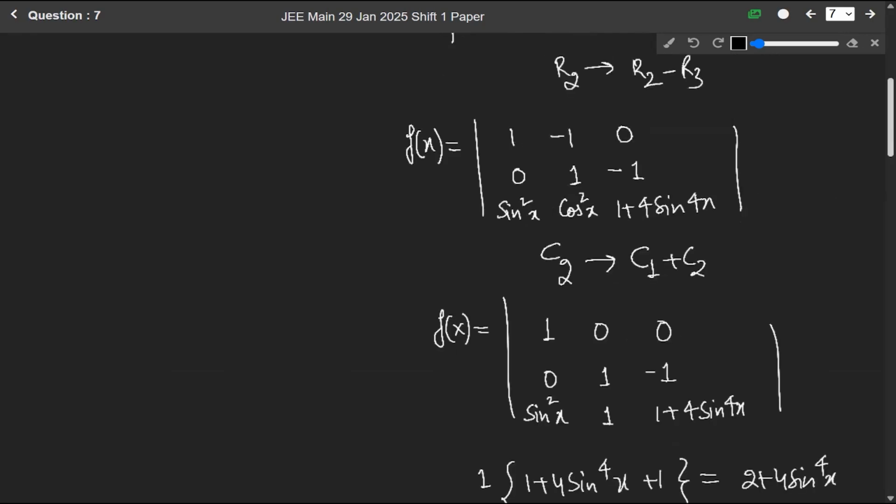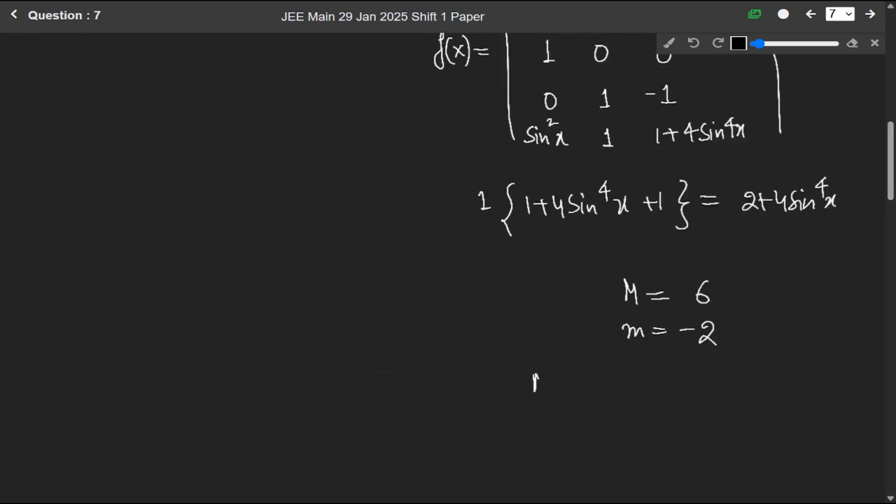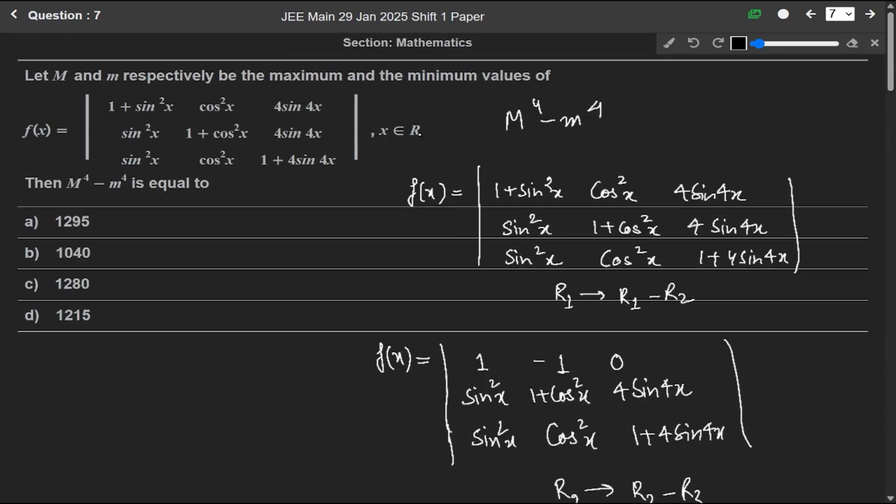We have to find M^4 minus m^4, so it will be 6 raised to the power 4 minus (minus 2) raised to the power 4. When we solve it, we get 1280. So our answer is 1280, which means option C is the correct answer.